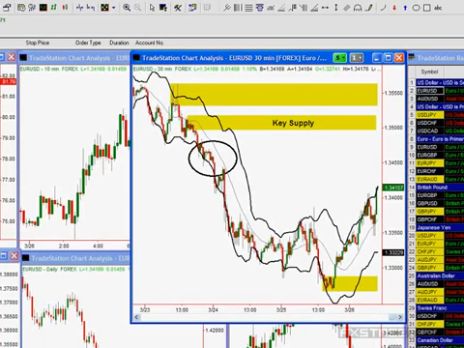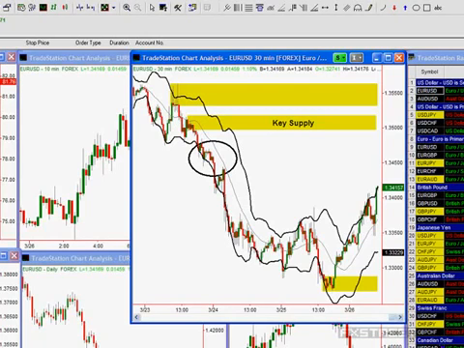Inside that circled area, we have a number of little demand levels, right? In other words, price is stuck around in those areas for a short period of time, and then you had a drop away from those areas. That suggests there's supply in there, right? That's why prices drop. But then, that area that I wrote key supply, the reason why I wrote that is because of what's just below it.